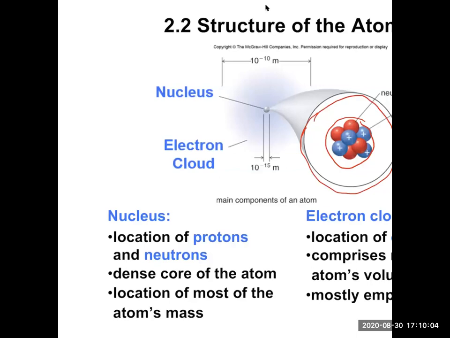So the nucleus, where you have your protons and your neutrons, is the heaviest part of the atom, because the protons and the neutrons have mass. The electrons, even though they have mass, it is very, very small, so we say it has 0 AMU. The electrons are basically in this cloud, empty space, and they carry a negative charge.